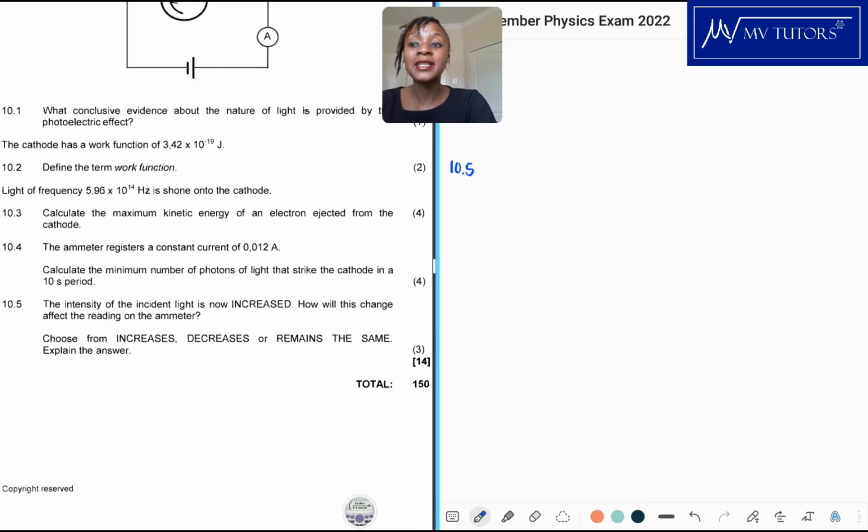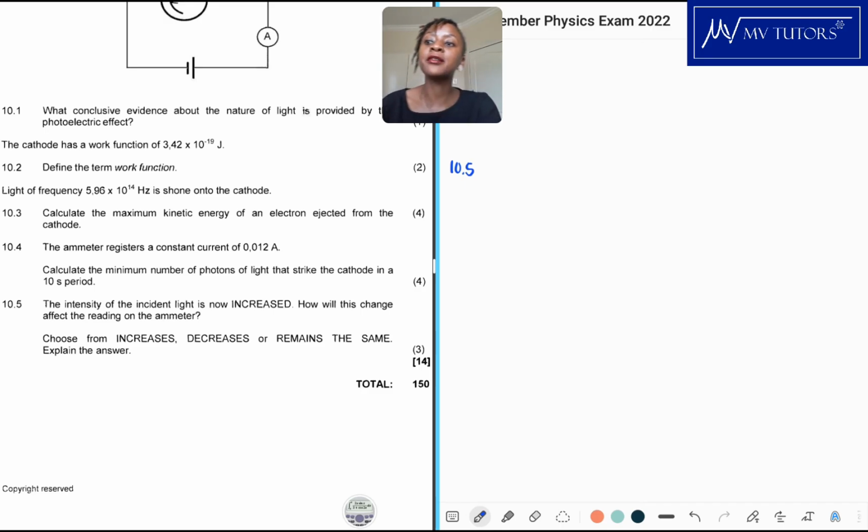And as such, you'll understand what happens if you increase the intensity, if you just keep changing certain variables, what answer are you expecting? So check that out. All right, so now the intensity of the incident light is now increased. How will this change affect the reading on the ammeter?